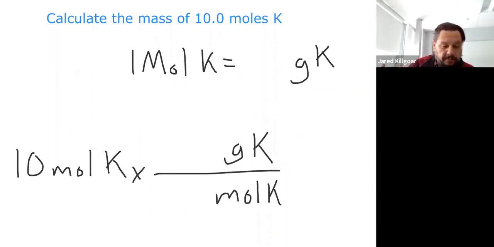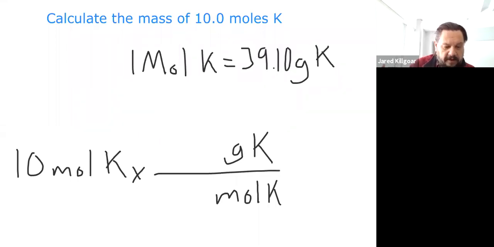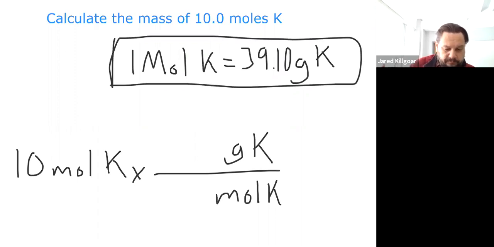And I take a look on the periodic table to find the molar mass of potassium, K. And I found it is 39.10. So that is directly from my periodic table. And then I take a look at my units, as I do always with dimensional analysis.